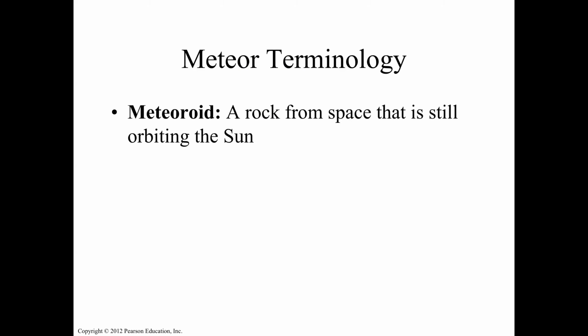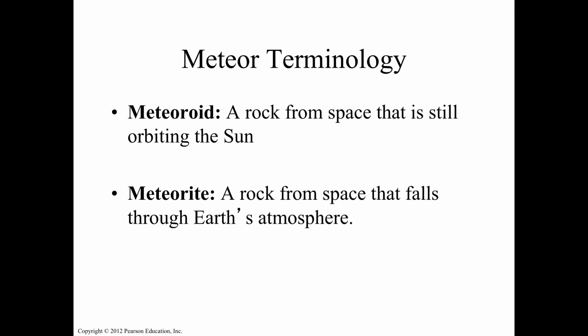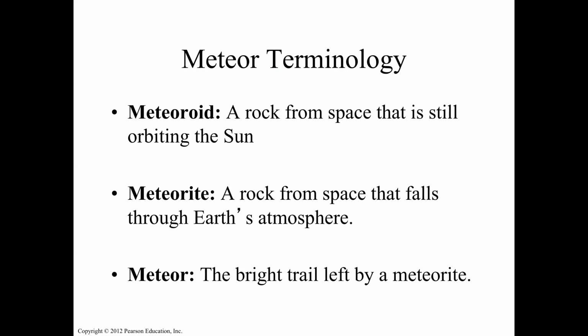So we have meteoroid, a rock from space that is still orbiting the sun. We have meteorite, a rock from space that falls through Earth's atmosphere. And then we have meteor, the bright tail left from a meteorite. So the second one is actually on the ground now.